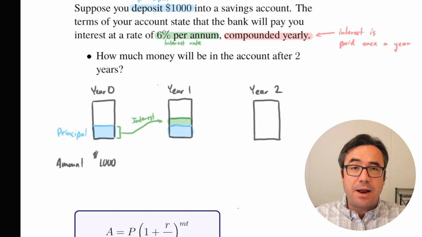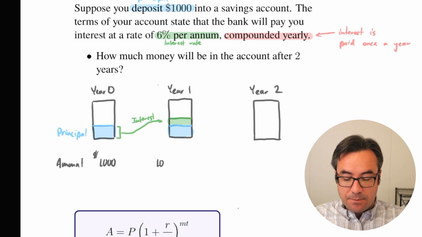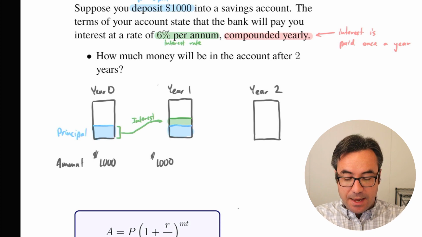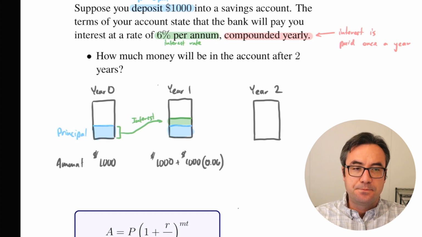All right, so let's figure out how much money we're going to have in year 1. How much money are we going to have sitting in our account? Well, we're going to have what we started with, so the $1,000. But then the bank is going to take the $1,000 that we had and multiply it by that 6%, but we'll write that as a decimal.